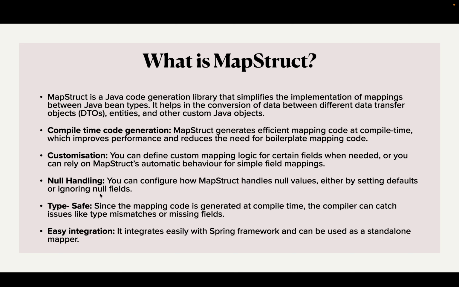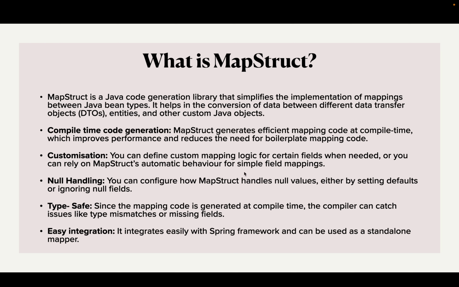There's an annotation which, if we add it, will just ignore those null fields. If there's a DTO and no field is coming from the DTO, but I need to set that null in my entity, then also there is an annotation which we can add, which helps us to set default values.